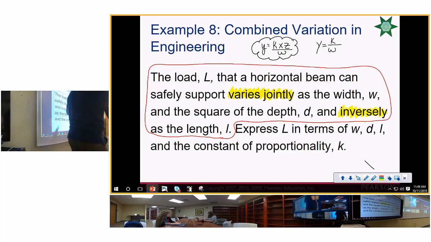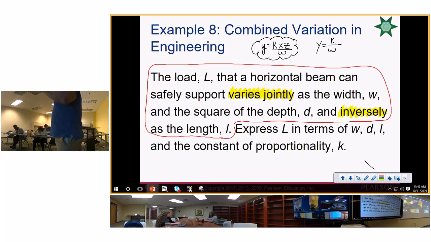Now we haven't changed any variables yet. When you have a joint, a combined variation, the first thing you do is not replace the variables. That's not the first thing you do.